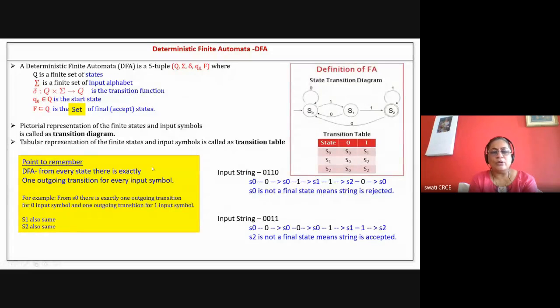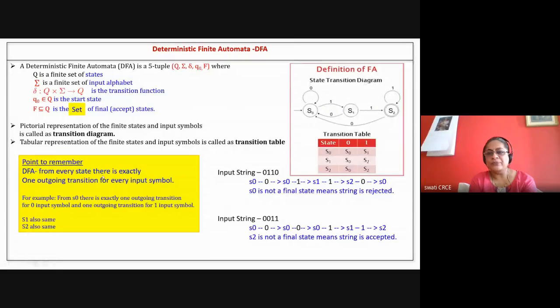An important thing to remember here is that for a DFA, from every state, like here in S0, there is exactly one outgoing transition for every input symbol. So if we have the input symbols 0 and 1, from S0 there is exactly one outgoing transition for 0, and for 1 there is exactly one outgoing transition. That is not the case with NFA, non-deterministic finite automata.